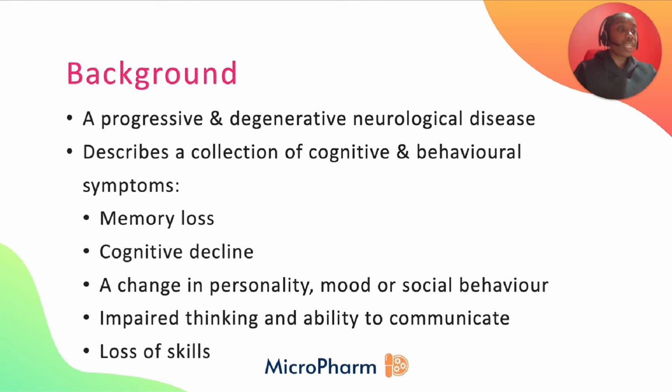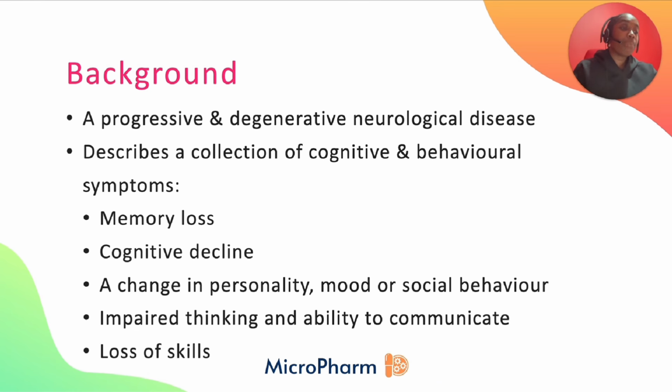The most known one is memory loss, but there's also cognitive decline, slower thinking, slower understanding, poor judgment, things like that. It can also cause a change in personality, for example, more aggression. People with dementia can lose interest in their normal activities or have issues managing and regulating their emotions.